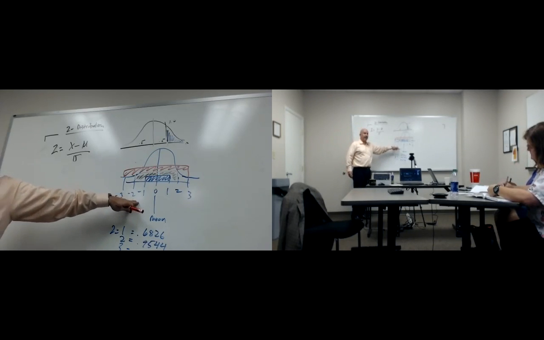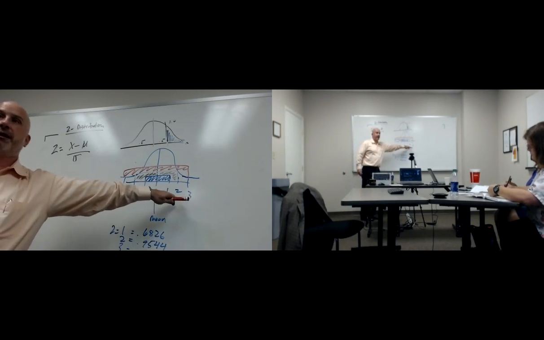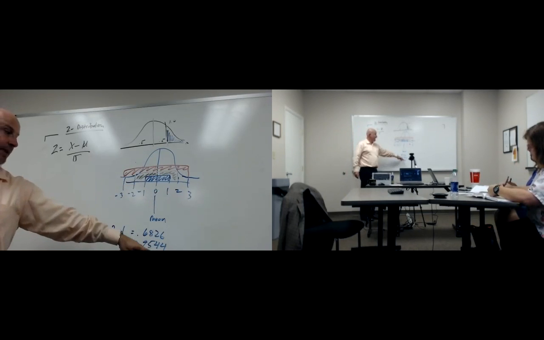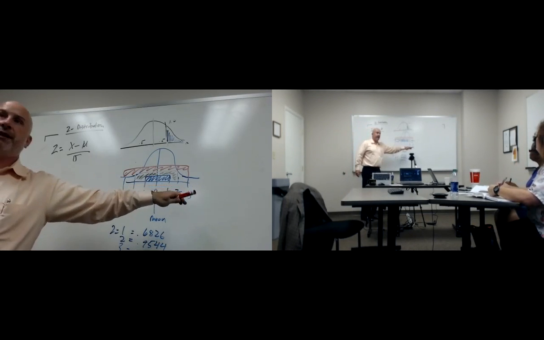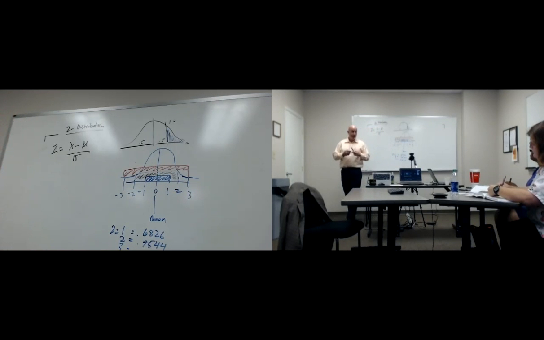So one standard deviation removed is going to encompass 68% of the data. 2 standard deviations outside of the mean, 95%. And 3 standard deviations, 99%. And you're only talking about the curve, not the altitude.